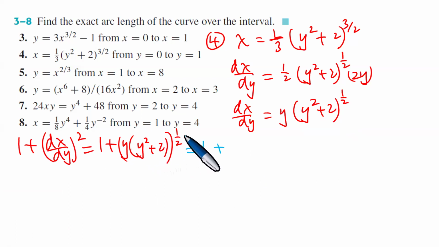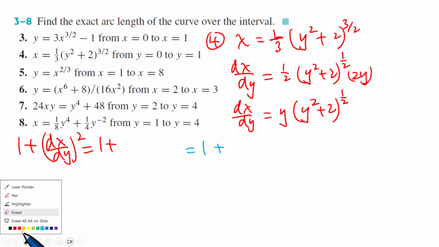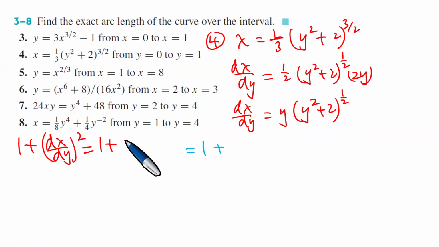So it is exactly this. Let me write clearly because I think the powers are just mixed up a little bit. So you're going to have exactly now these particular open parentheses, y plus 2, and then you have 1/2, and then you square this.